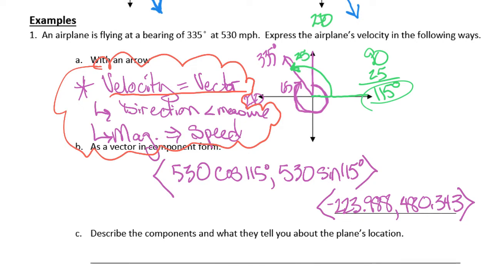So we've got two parts, two components. We have the x direction, which we're calling the horizontal component.